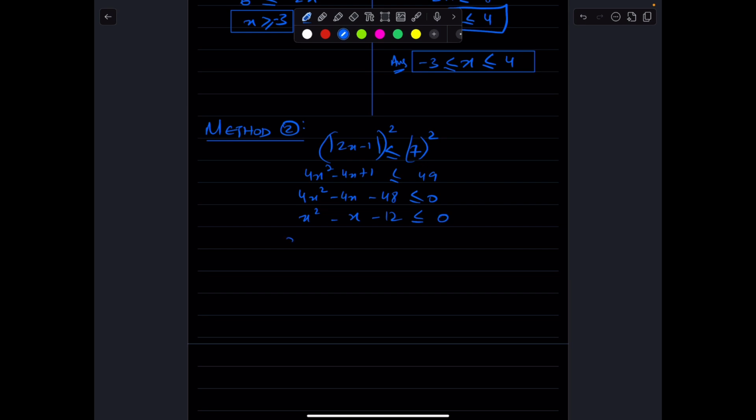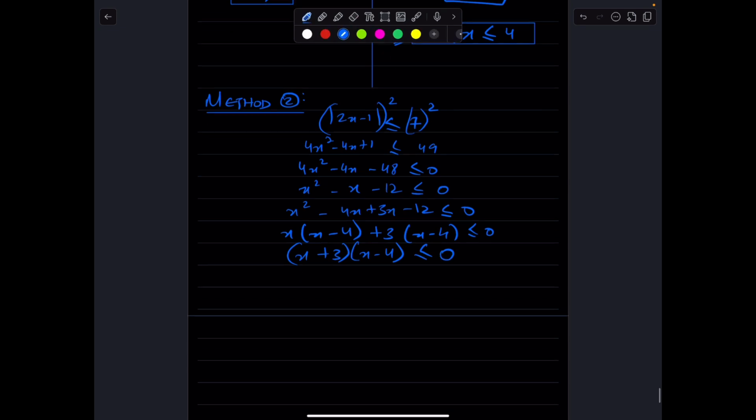We can break the middle term like this and take x common. So we have x minus 4. Take 3 common from here and we have x minus 4 yet again, is less than or equal to 0. These are our factors and we have two roots.